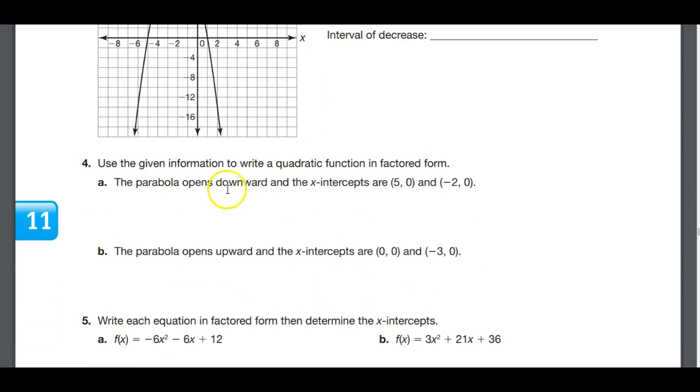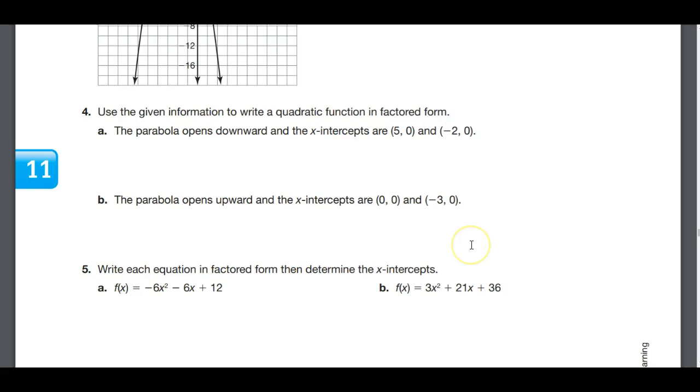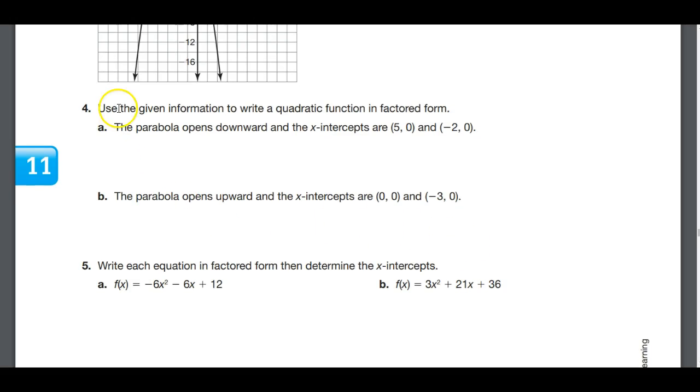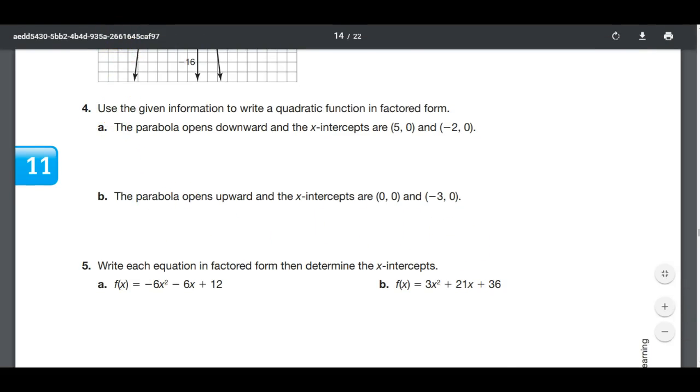Okay. Use the given information to write a quadratic function in factored form. Okay, this is good. We're going to do these real quick. Remember how to do them. So if it opens downward, I have to have a negative a, and the x-intercepts are at 5 and negative 2. So I'm going to make the function look like negative 2, I'll just say.